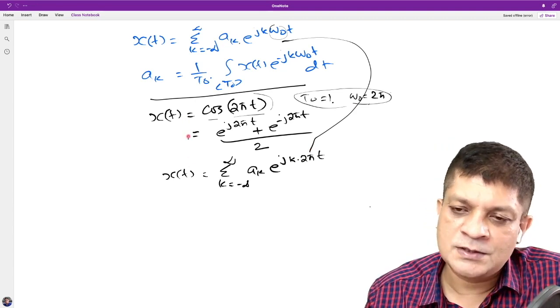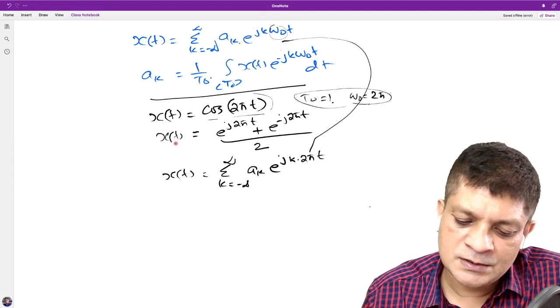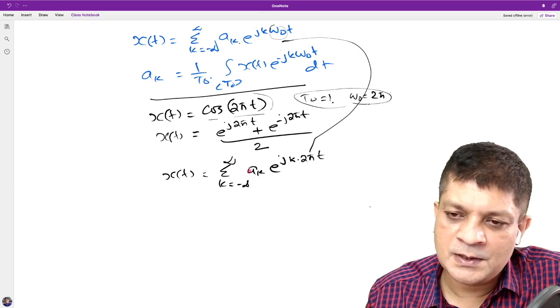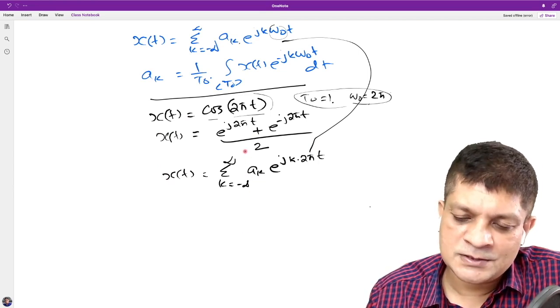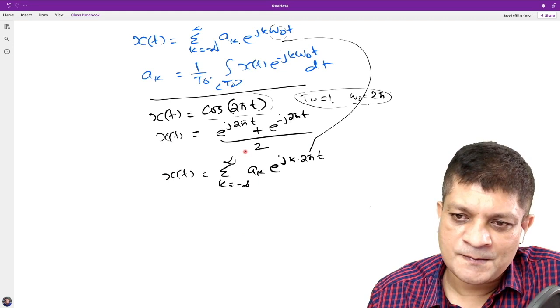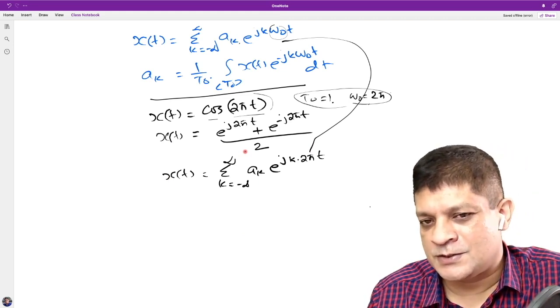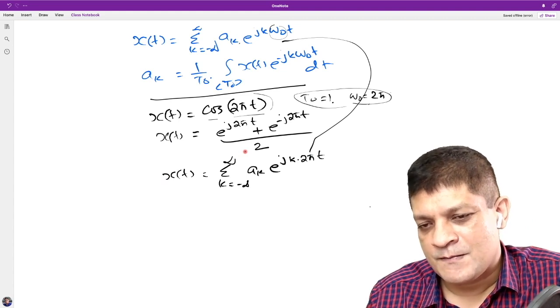If you look at these two equations, the left hand side is the same. Now you have to equate these complex exponentials on both sides. How many non-zero Fourier series coefficients are there? 2.